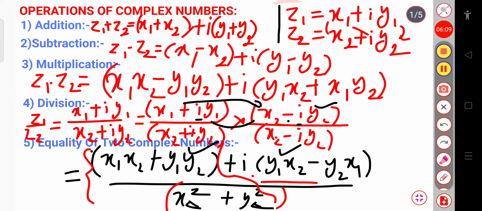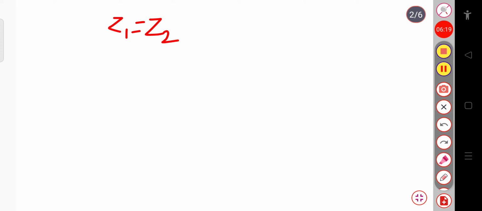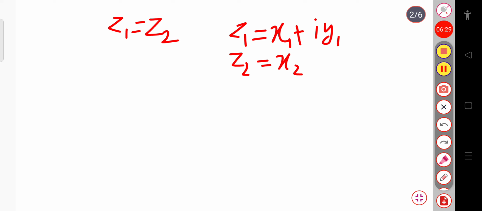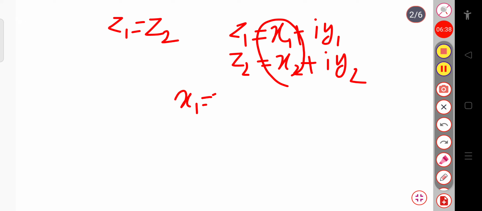Now we will see this number 5, that is equality of two complex numbers. So that is z1 is equal to z2, in which case, here we are writing z1 as x1 plus iota y1 and z2 as x2 plus iota y2. So the two complex numbers are said to be equal when the real parts are equal, that is x1 should be equal to x2, and the imaginary parts are also equal, that is y1 equal to y2.